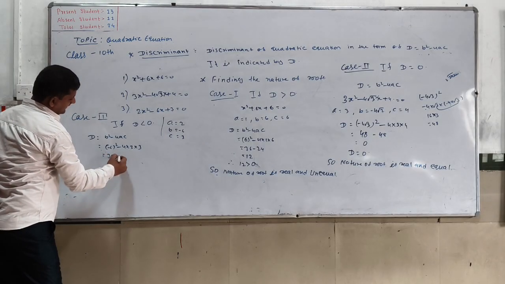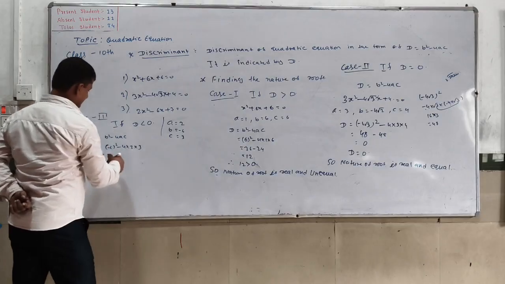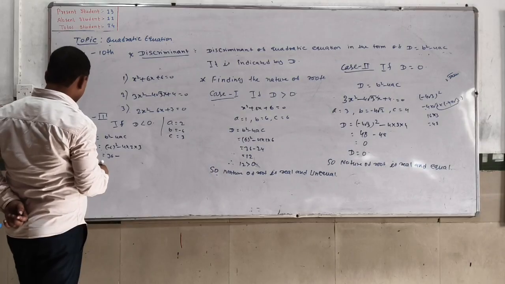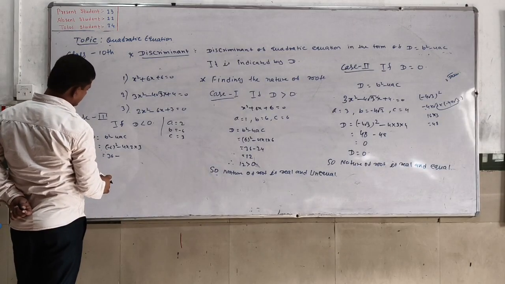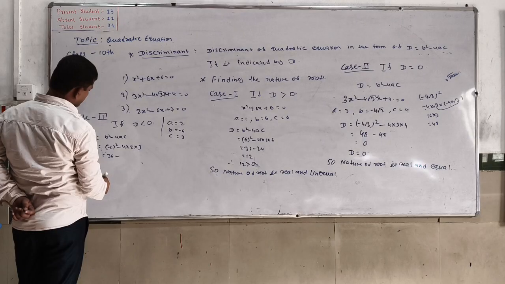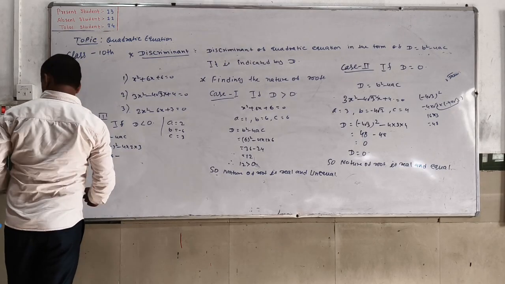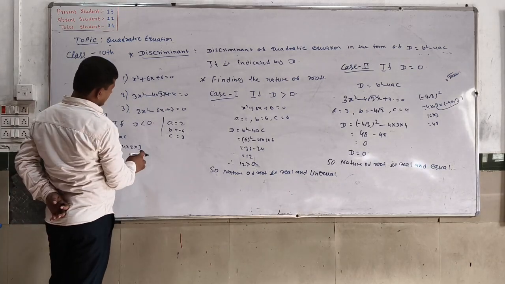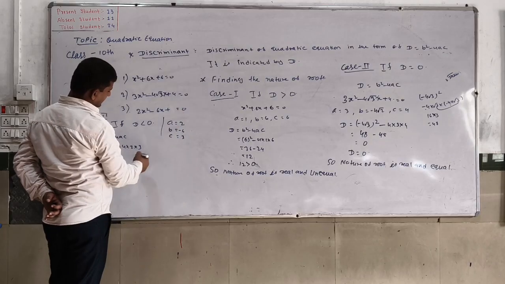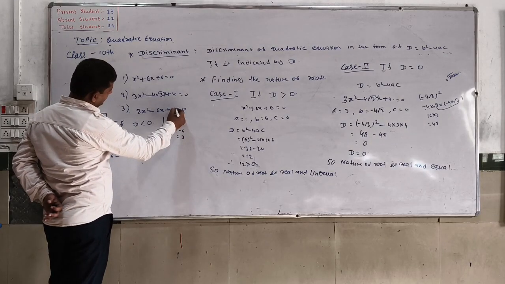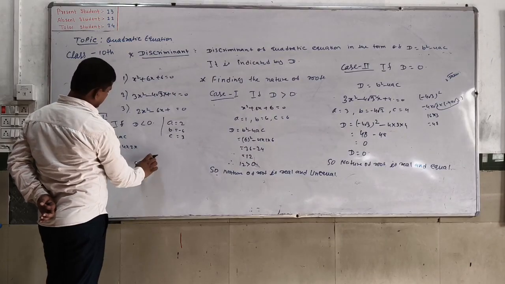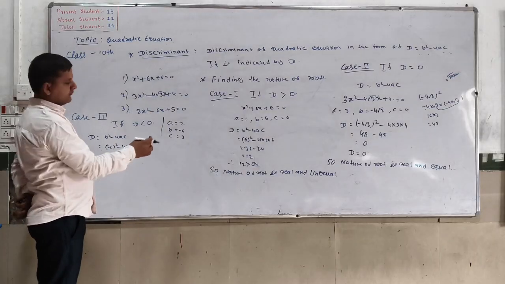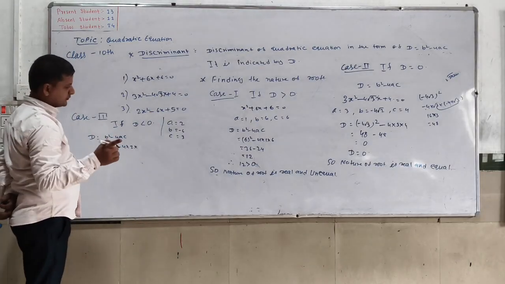6 sixes are 36, minus 4 times 2 times 3, which is 24. So we take the value carefully, because the given sign is negative.